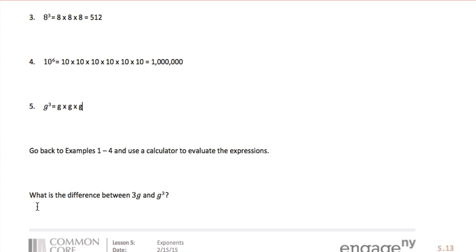The difference between 3g and g to the 3rd power is a very important concept. 3g is g plus g plus g. However, g to the 3rd power is g times g times g.